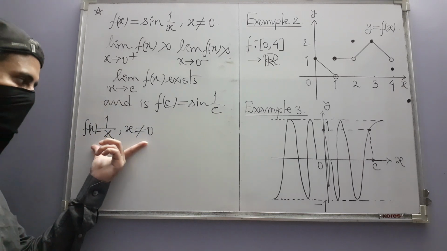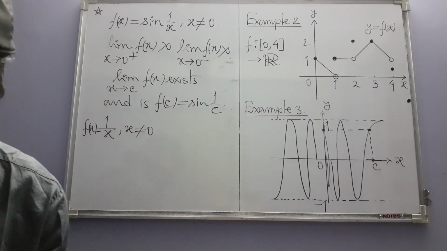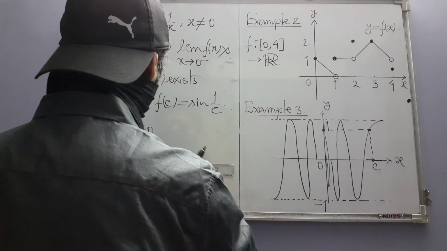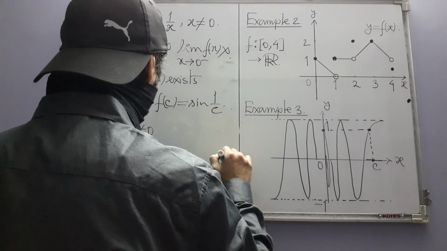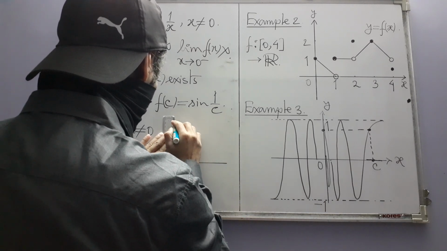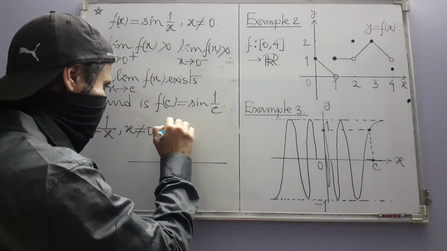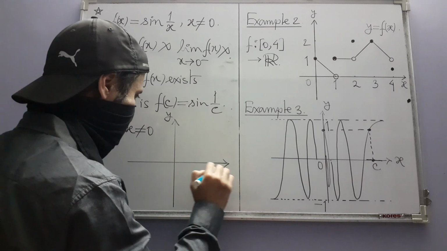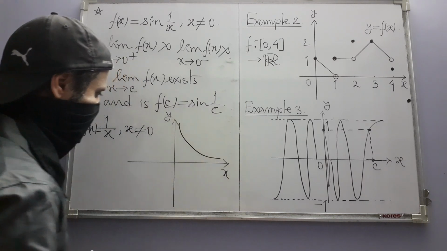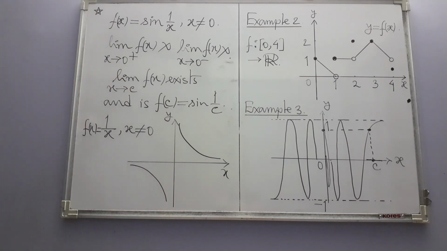Here you do not have sine, and if you draw the graph, you know its graph also. On the positive side it will be like this roughly, and on the negative side it's like this.